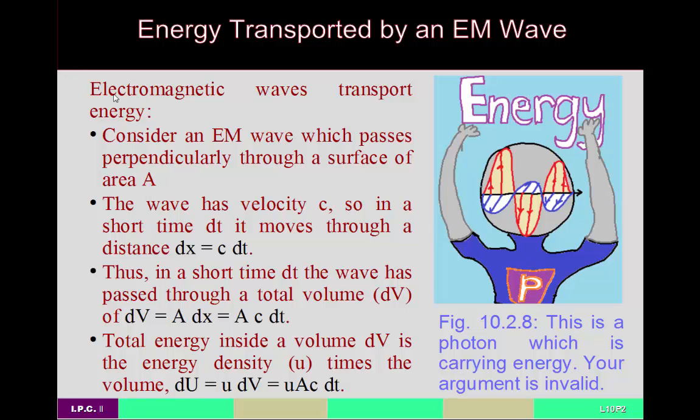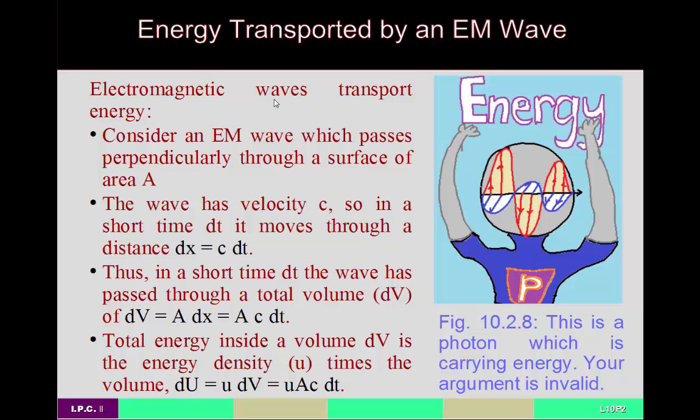I'm not going to go into too much detail about how much energy an individual wave packet is carrying. An individual wave packet is sometimes called a photon. I don't want to get too far off track talking about photons, but basically they are a wave packet. They behave kind of like a wave, but they also can behave kind of like a particle. So there is sort of a particle-wave duality to electromagnetic radiation in the form of individual photons or individual wave packets.